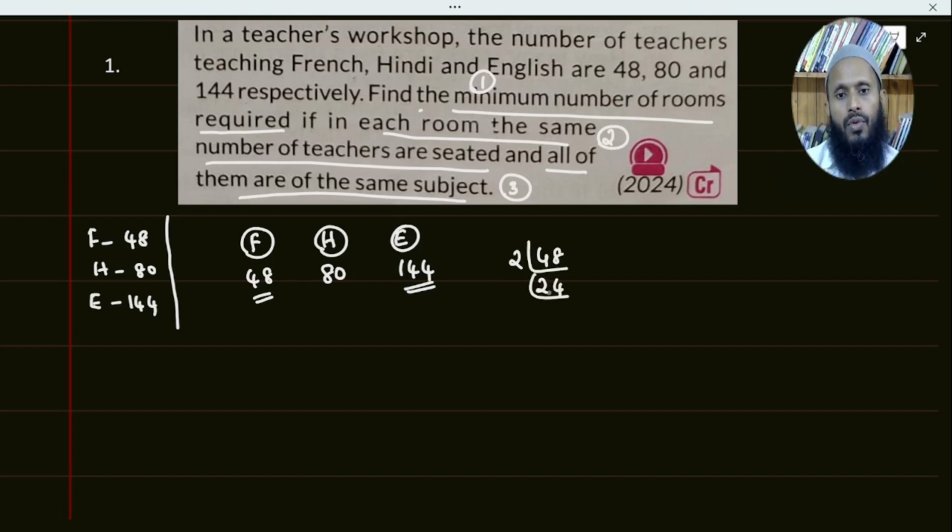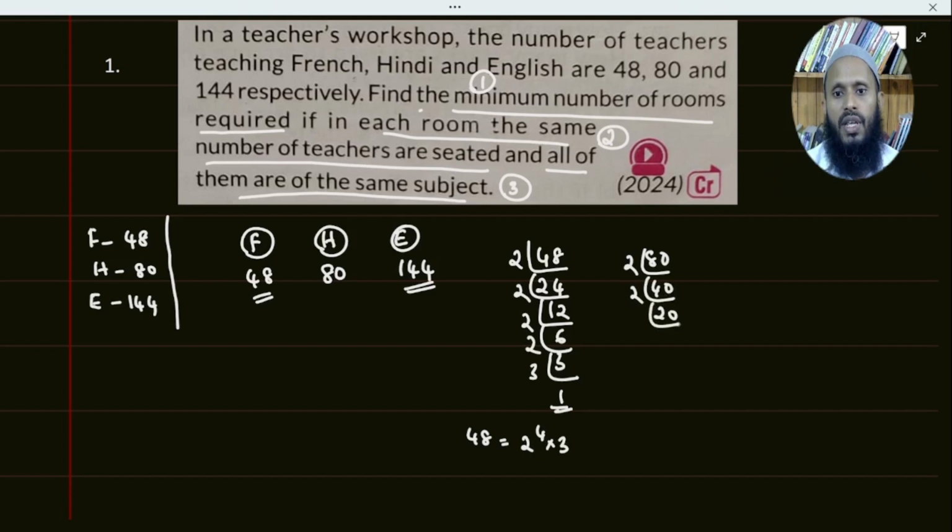2, 24, 2, 12, 2, 6, 2, 3, 3, 1. So 48 I can write as 48 equal to 2 raised to 4 into 3. Similarly, 80. 2, 40, 2, 20, 2, 10, 2, 5, 5, 1.